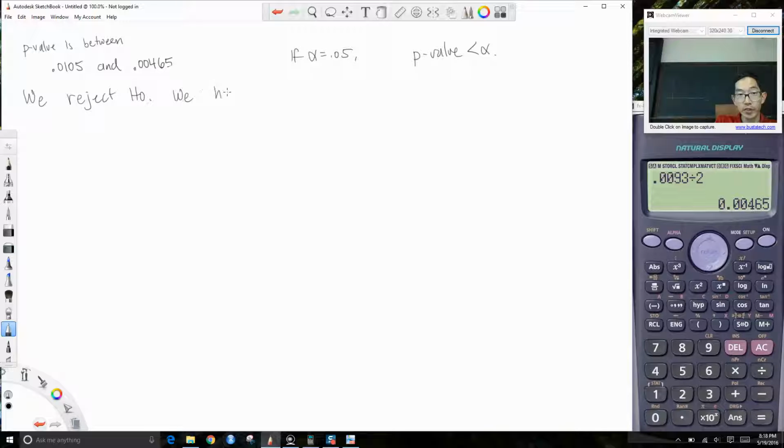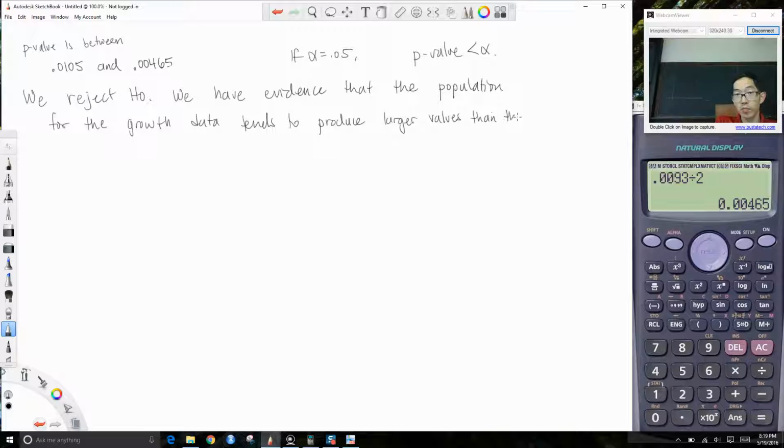We have evidence that the population for the growth data tends to produce larger values than the population for the gap data.